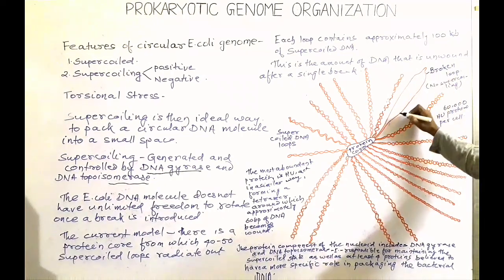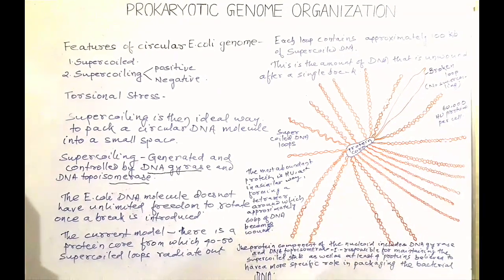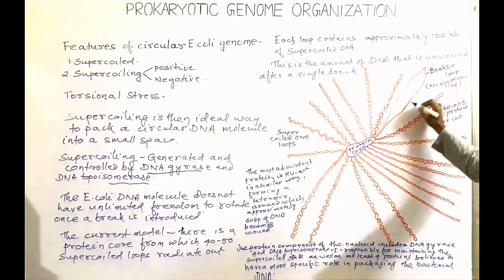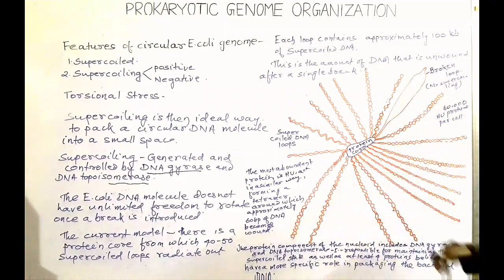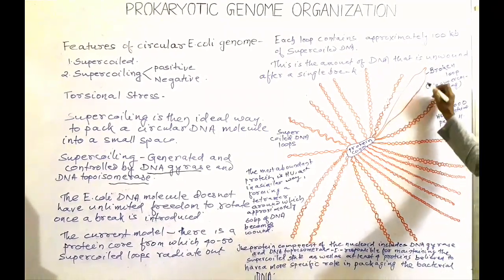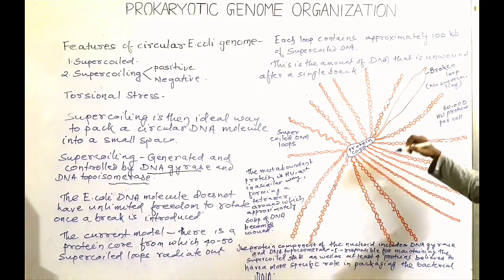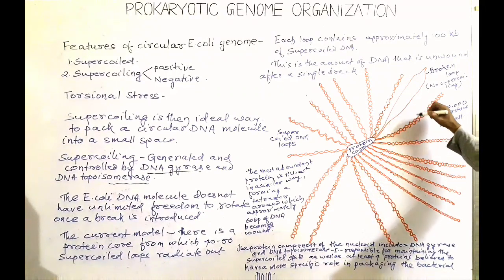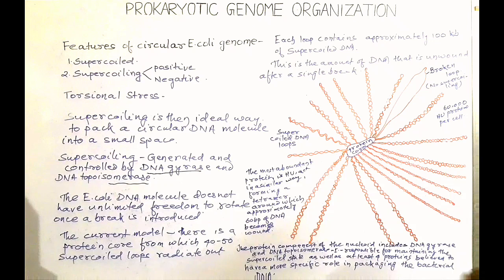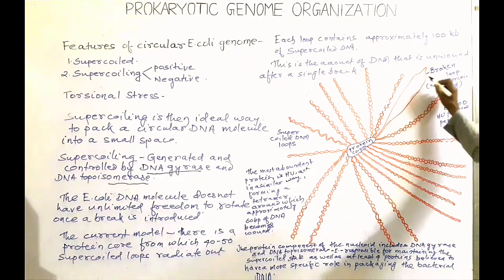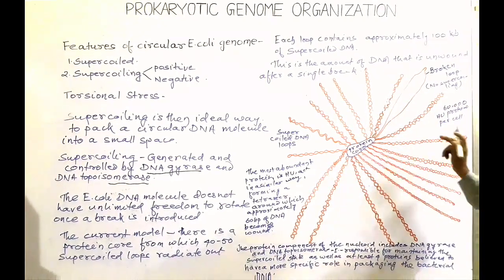Particularly this loop has been broken. So in this loop, there is no supercoiling. In this loop, the supercoiling has been released by introducing a break. So by introducing a break, the supercoiling can be removed only in this loop, not in all the loops.